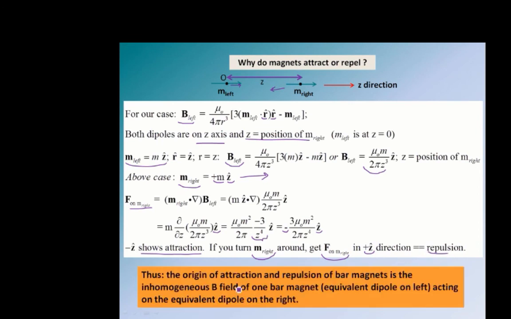The basic conclusion is then the origin of attraction and repulsion of bar magnets is due to this inhomogeneous B field of one bar magnet, which is the equivalent dipole on the left, acting on the equivalent dipole on the right. The final result then is that you would not have this behavior if you did not have this inhomogeneous B field. So what we've proven here is the grade school experimental observation in terms of magnetic dipoles.